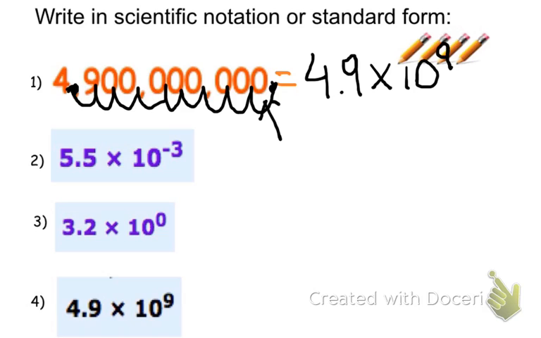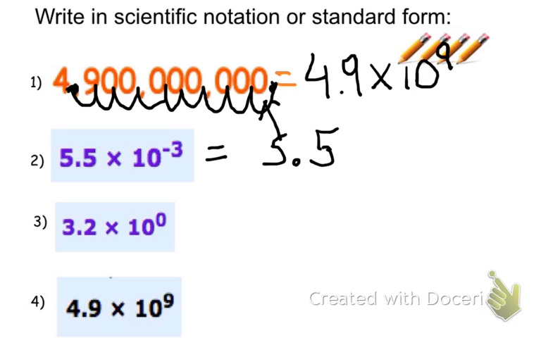Examples 2, 3, and 4 are written in scientific notation, so we need to write them in standard form. We're looking at our coefficient, 5.5, and our exponent tells us the direction in which to move. A negative exponent signifies a small decimal number.